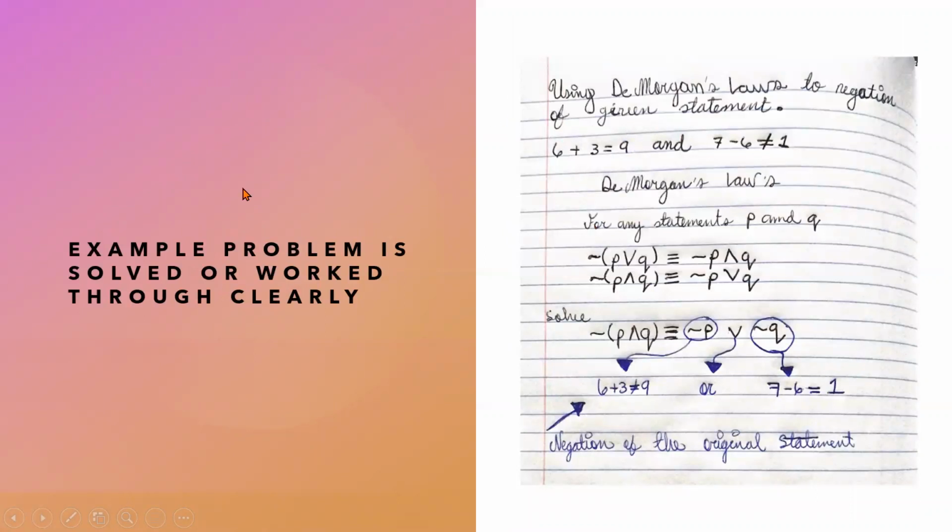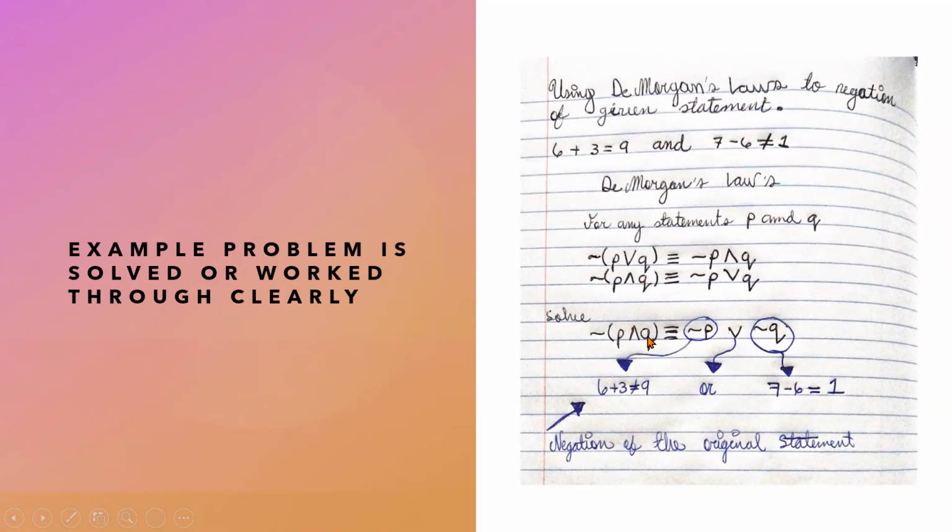Therefore, moving on to a more simple problem. Now we're using negations using DeMorgan's law. So we have two statements right here: 6 plus 3 equals 9, and 7 minus 6 equals 1.